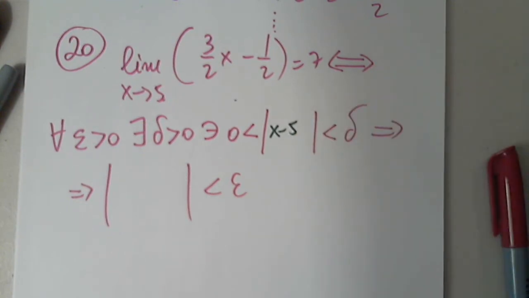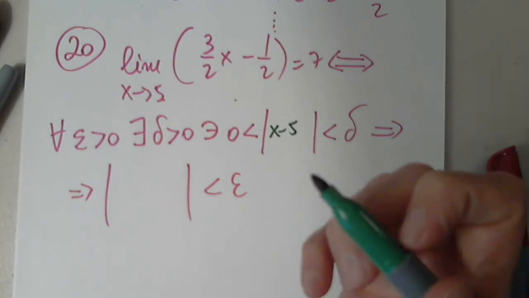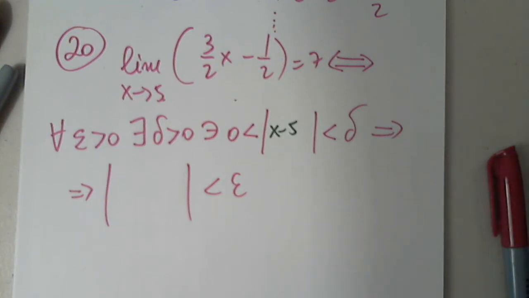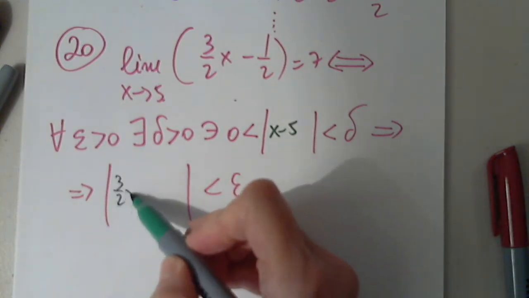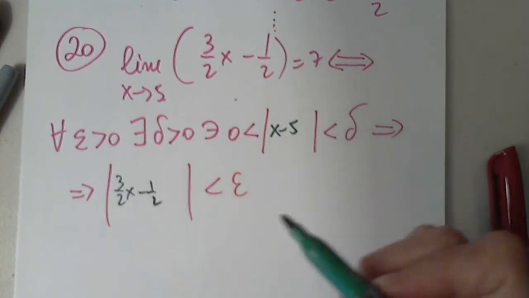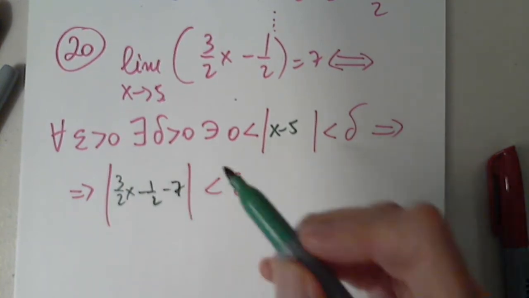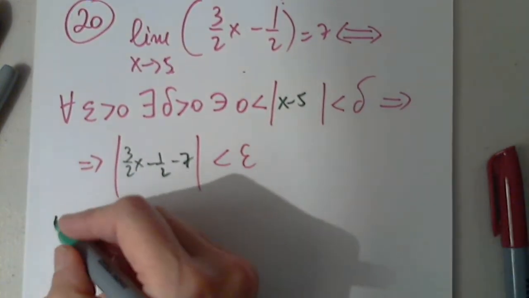Excellent. It's x minus 5 because 5 is a, right? Correct. Okay. And then it would be 3 halves x minus 1 over 2 minus 7. That's it. That's our starting point.